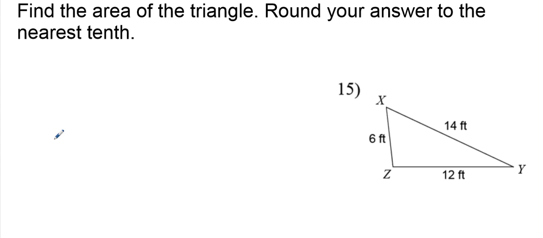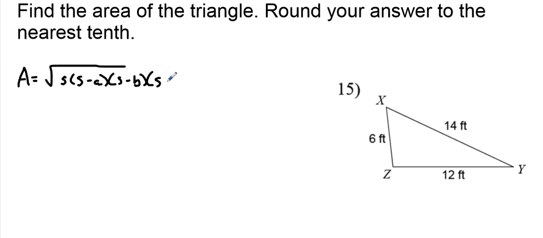So if you are not given an angle, if you're given 3 sides, you're going to use this formula here. A equals the square root of S times S minus A times S minus B times S minus C. And this is known as Heron's formula.